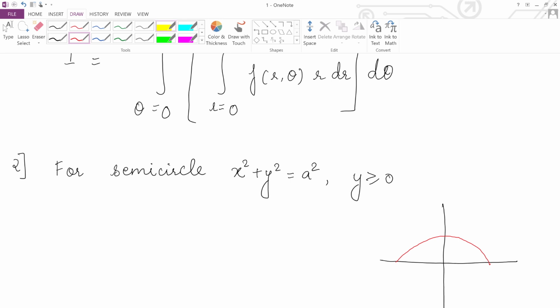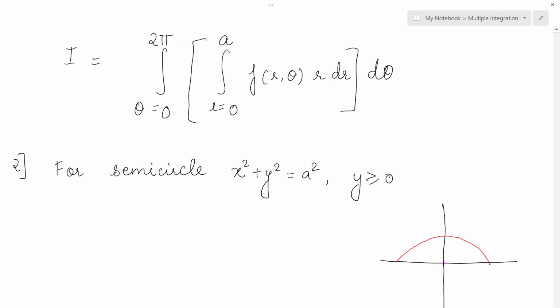So this will be my complete circle. My radial strip will be like this. And again it will travel from starting, that is this, anti-clockwise. So it will travel from this to this way.